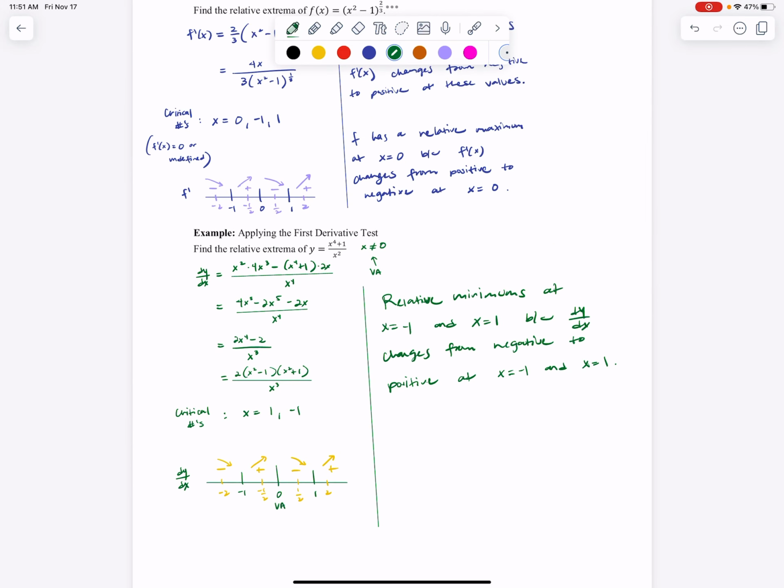Okay, so that's first derivative test, doing the analysis line and interpreting the analysis line to determine where there are relative or local max or mins.